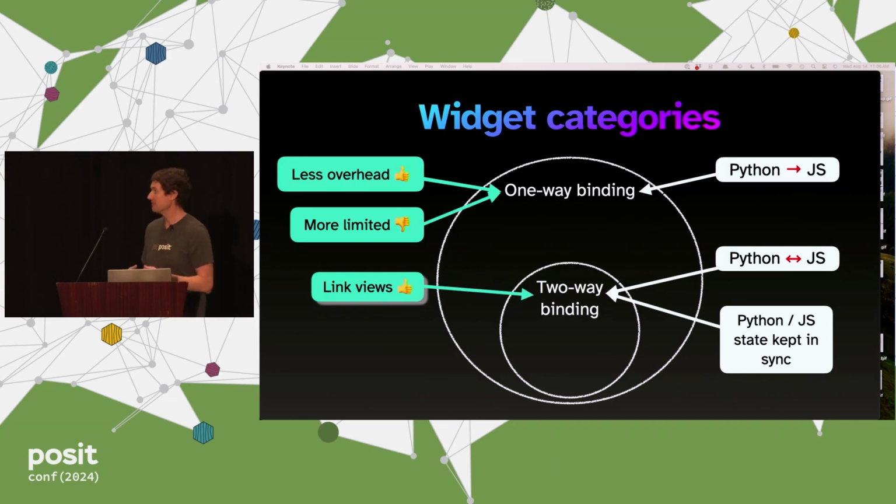What makes this interesting from the interactivity perspective is that we can access the state of what's happening on the front end and link multiple views, in the sense that they're sharing the state of that Python object.